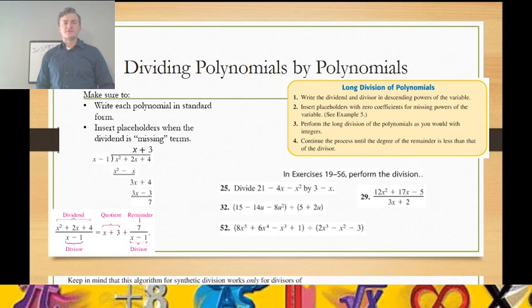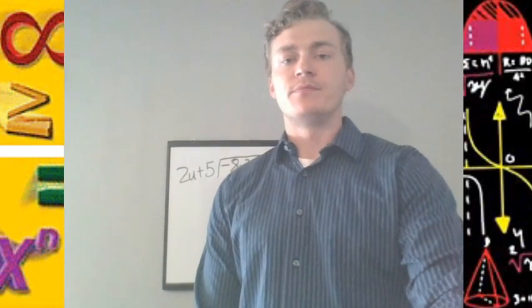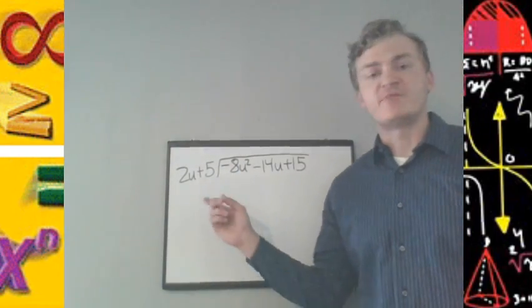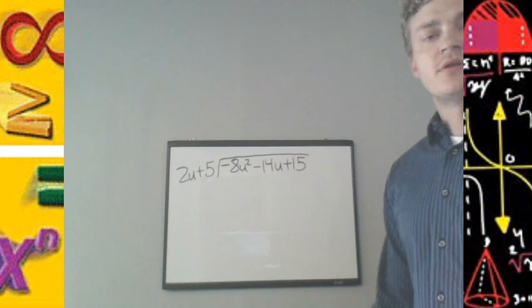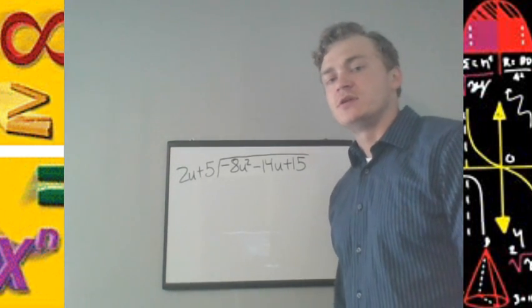15 minus 4u minus 8u squared divided by 5 plus 2u. Performing the division, we notice we are dividing by a binomial, so we need to use long division. Rewriting each of the polynomials for number 32 in standard form: rewriting the 5 plus 2u as 2u plus 5, and rewriting our trinomial as such.